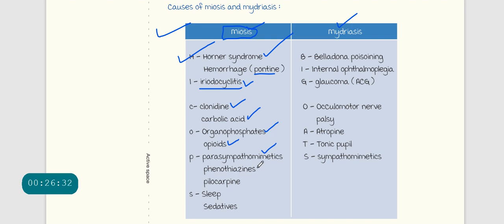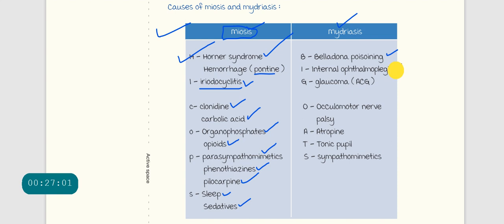Coming on to the mydriasis part. It is seen in belladonna poisoning and internal ophthalmoplegia. Then it is seen in glaucoma and in oculomotor nerve palsy.